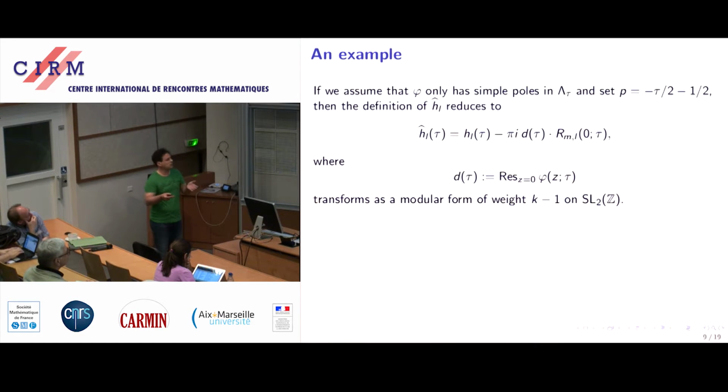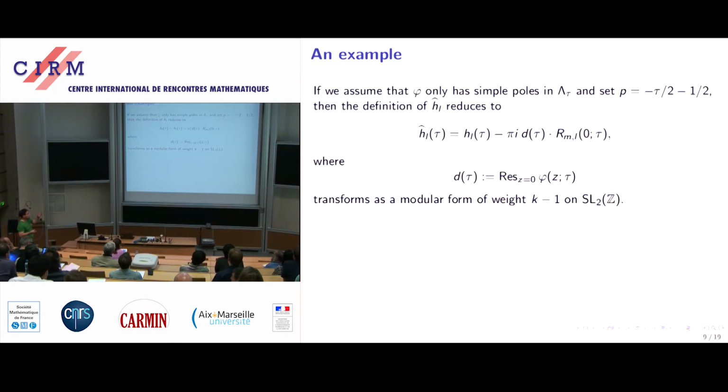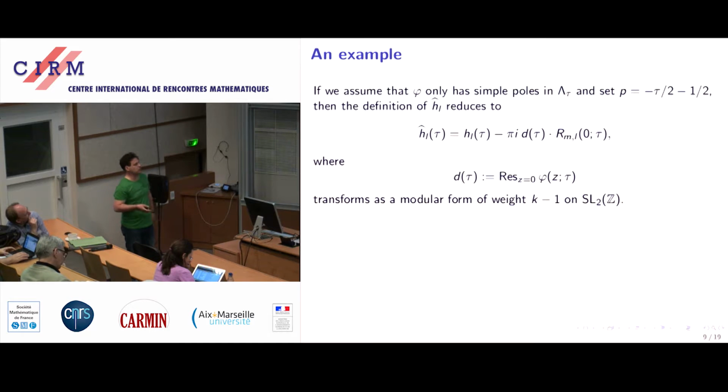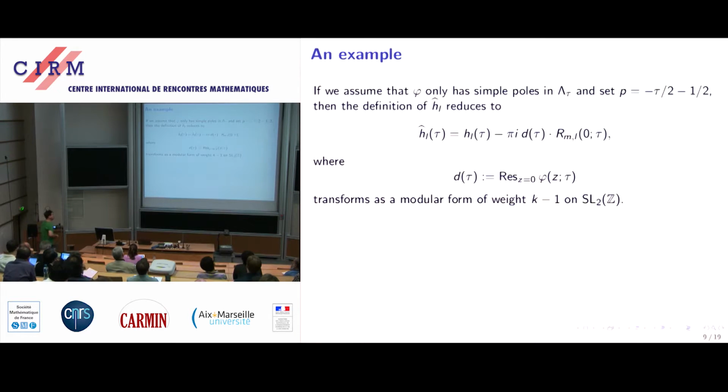There's no sums anymore. It's just one product of two things. This function d tau, which is just the usual residue of your meromorphic Jacobi form at 0, is just an ordinary modular form of weight k minus 1. So that's a nice thing. This is something we all know and love.